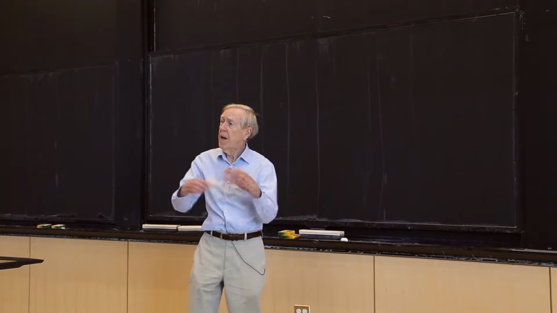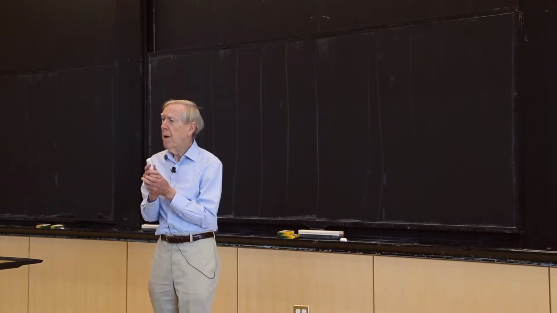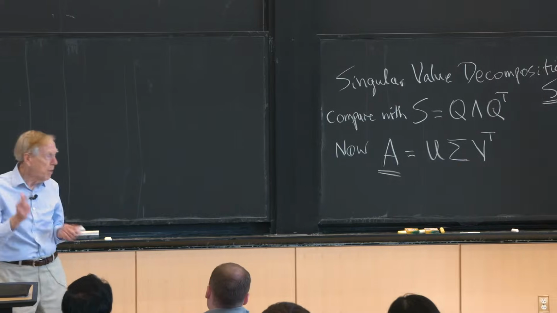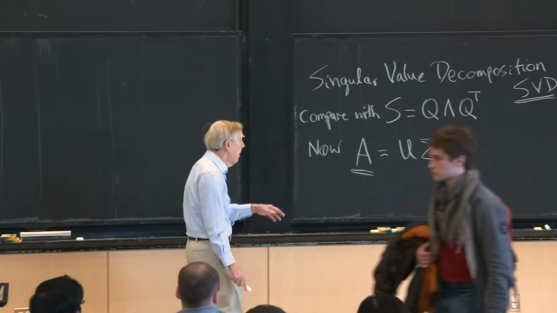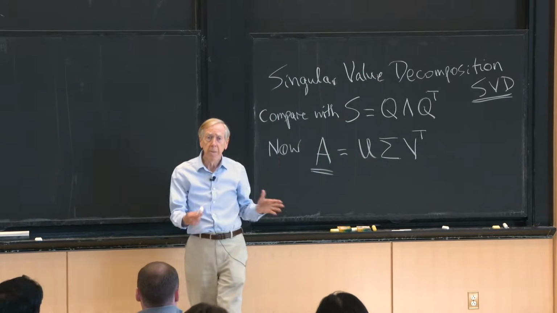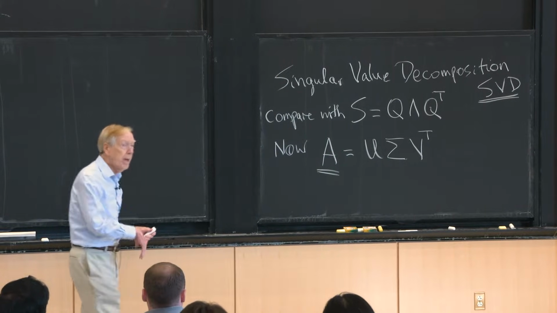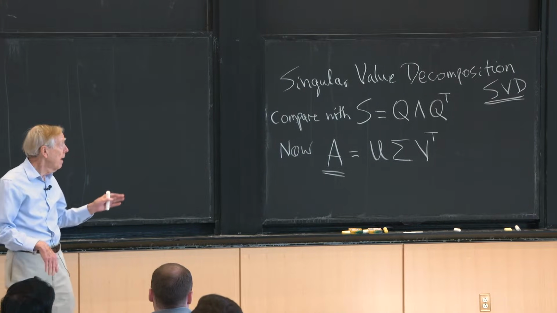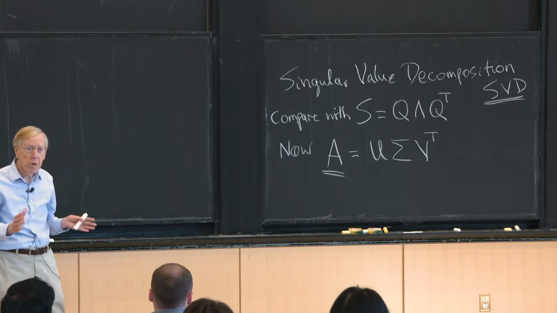And even if A is square, what are the problems? Just thinking for a minute about eigenvalues. The case I wrote up here is the great case where I have a symmetric matrix, and then it's got a full set of eigenvalues and eigenvectors, and they're orthogonal, all good.